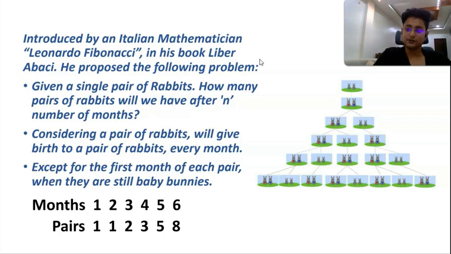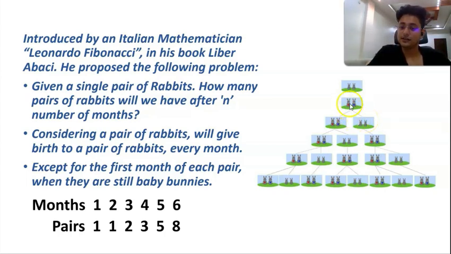Okay, so by this, in the first month we get a pair of baby rabbits. They are bunnies. So in the second month these baby rabbits grow on to become adults. So in the third month they can produce a pair of baby rabbits.